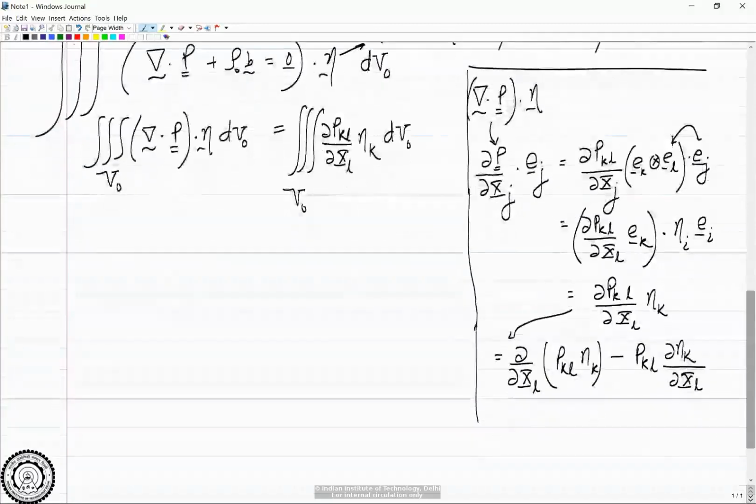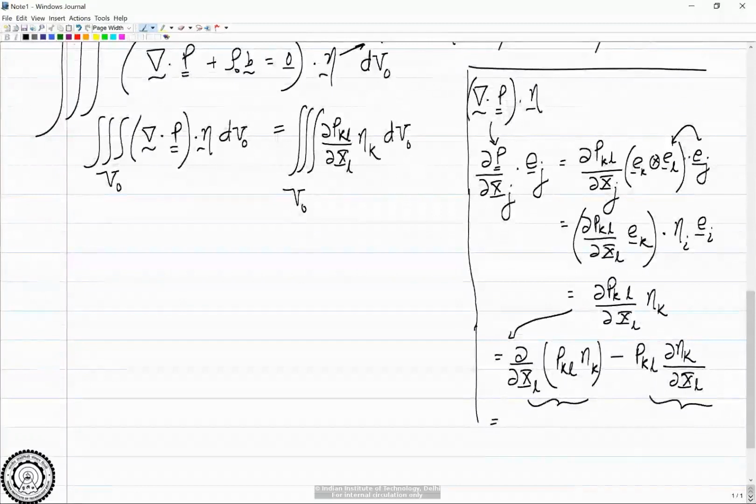And then let us see what each of the two terms individually is. So the first term here, what do you think? What is this? P kl eta k. It is the same as P transpose lk into eta k, right? P transpose lk eta k.